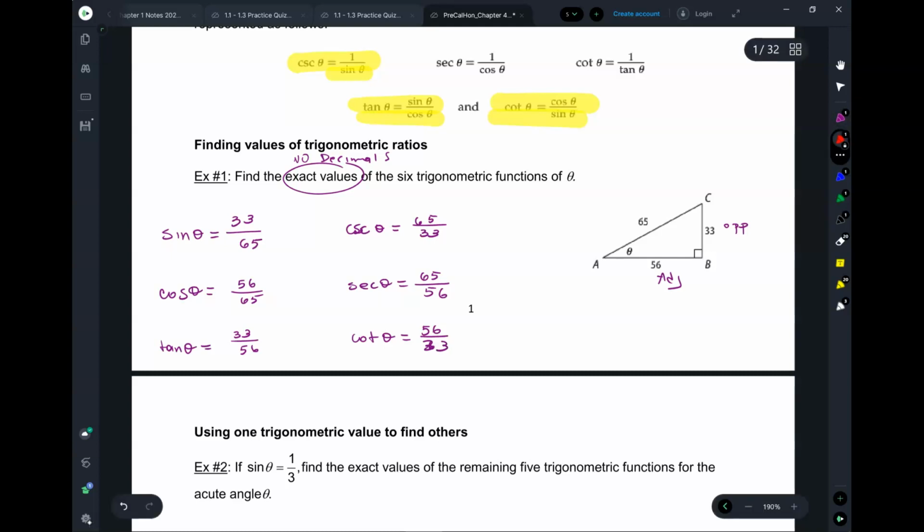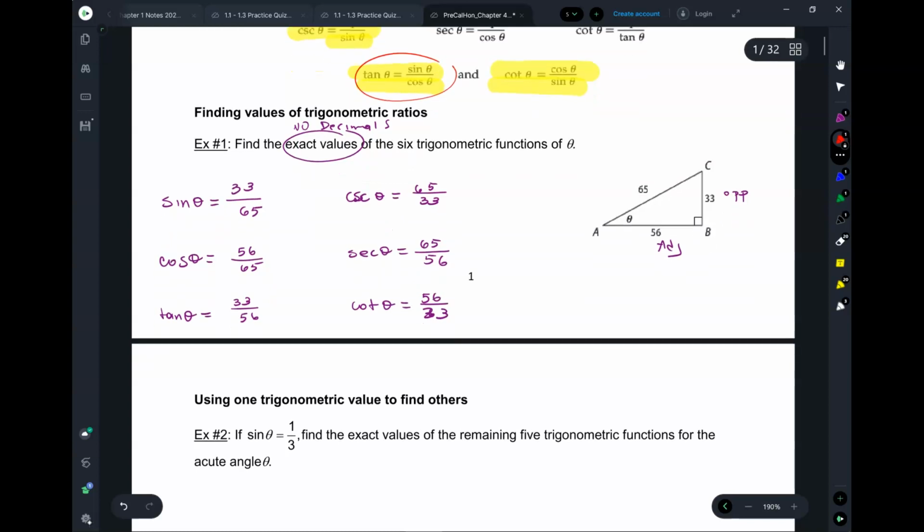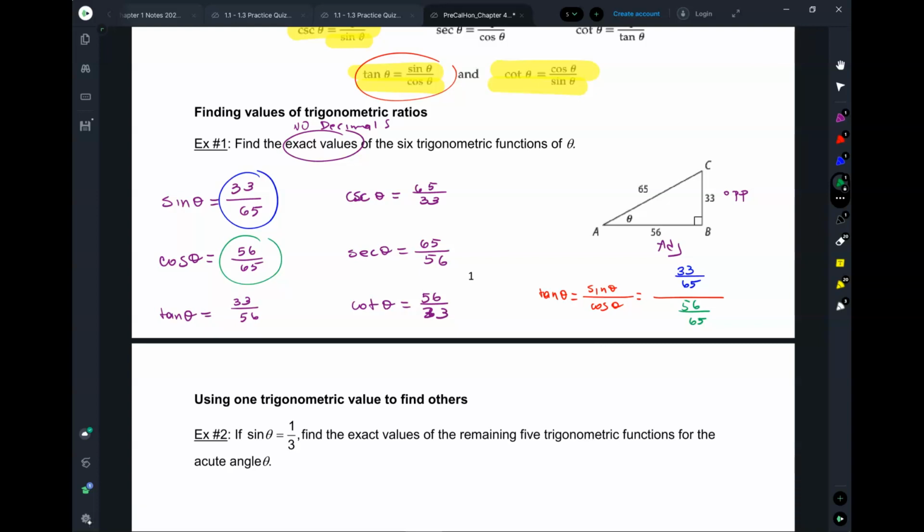So, if you take a look at this, tangent is sine over cosine. Let's just try this out for a minute. So if it's sine over cosine, okay, what was sine of theta? It was this, right? What was cosine of theta? This. I'm just showing you guys this, right? So now, how can you simplify this? Okay, couple ways.